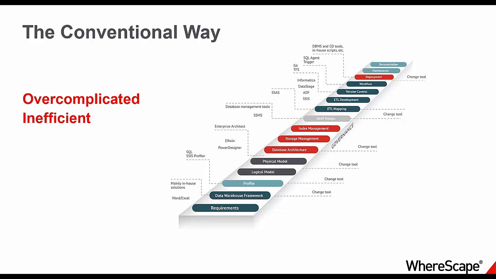So if you look at the ladder, as you start to climb up, you start at the bottom, you gather requirements, and then you put together a framework of how you're going to build your warehouse, and then you profile your data, you build some models, then you build the physical layer, you come up with the database architecture, storage management and indexes, you design OLAP if you're going to use OLAP, you build your ETL, you put all your version control in there, you build your workflow, you deploy it up to test for UAT, and you put it in front of a user, and a user says, oh, that's not quite what I wanted.